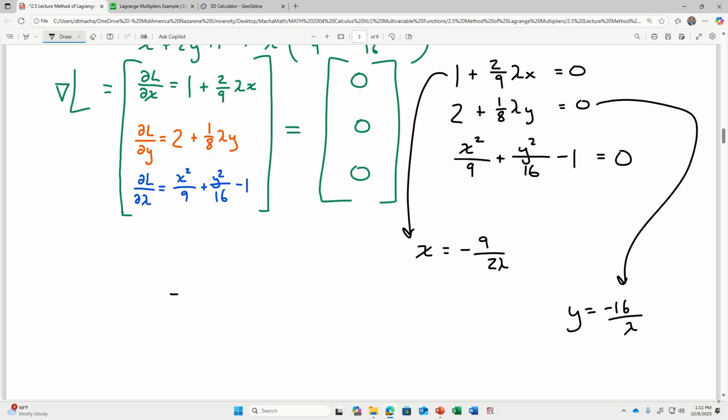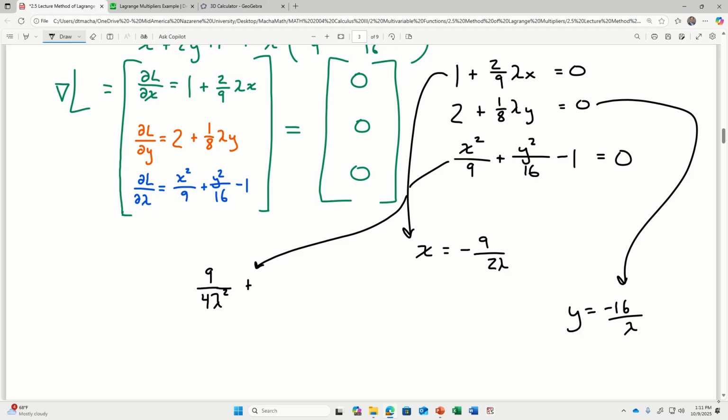And so I'll get something like negative, well, when I square the negative, it makes it positive, so I don't really need the minus sign. 9 squared divided by 2 squared divided by 9 is really 9 over 4, and then I need a lambda squared in there, plus y squared over 16.